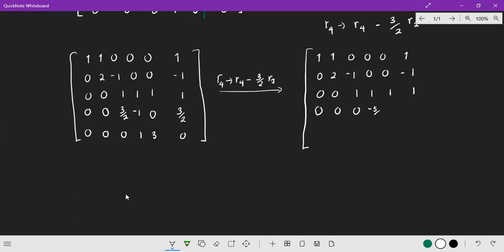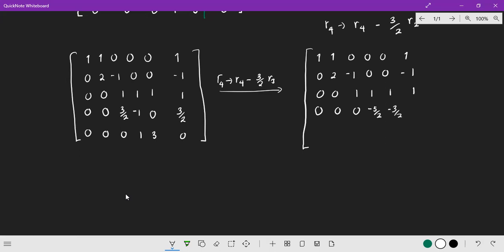Instead of having 3 over 2, we have negative 5 over 2. And then here we have 0. 0 minus 3 over 2 times the element in row 3, which is just 1. So what do we have? We just have negative 3 over 2.